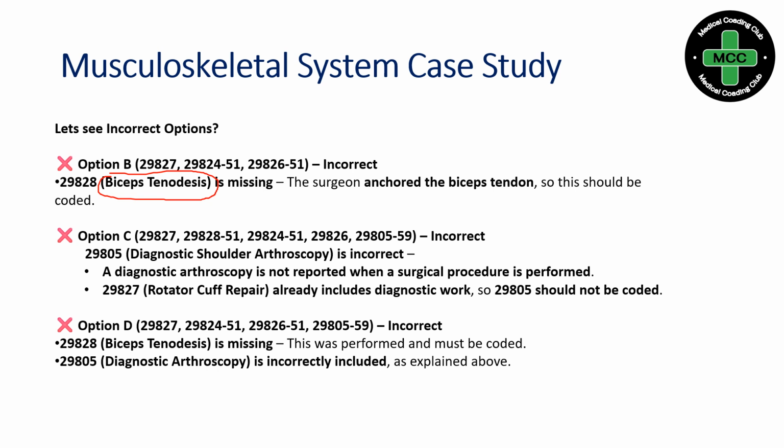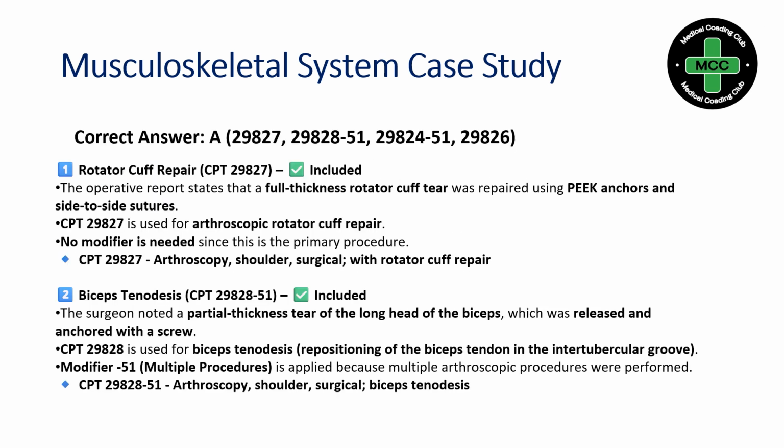They performed biceps tenodesis, but we don't see the CPT in the options, so you can eliminate that. Option C includes diagnostic shoulder arthroscopy, which you don't report separately. And option D again lacks the biceps tenodesis procedure and incorrectly includes diagnostic arthroscopy. So options B, C, and D are wrong, and the correct answer will be option A.